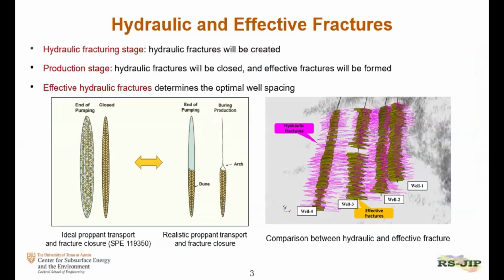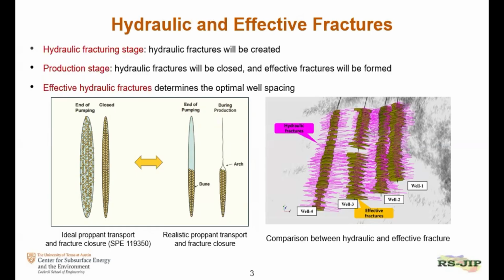And when we are talking about unconventional reservoirs, we must talk about the hydraulic fractures. For the hydraulic fractures, when we are pumping fluid and sands into the reservoirs, we create these man-made hydraulic fractures.